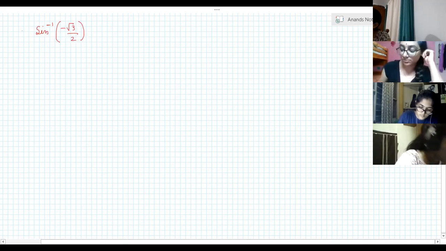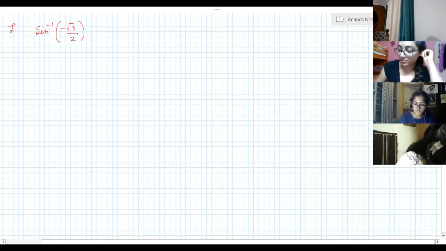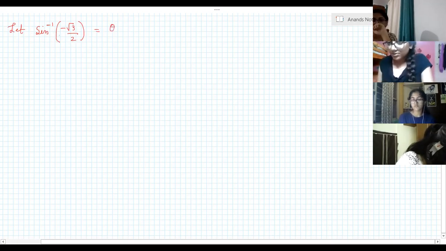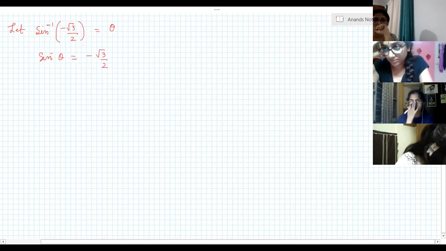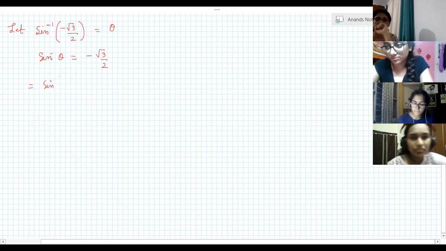Here, let sine inverse of minus root 3 by 2 be equal to theta. Then we say sine theta is equal to minus root 3 by 2. Then what will you do?